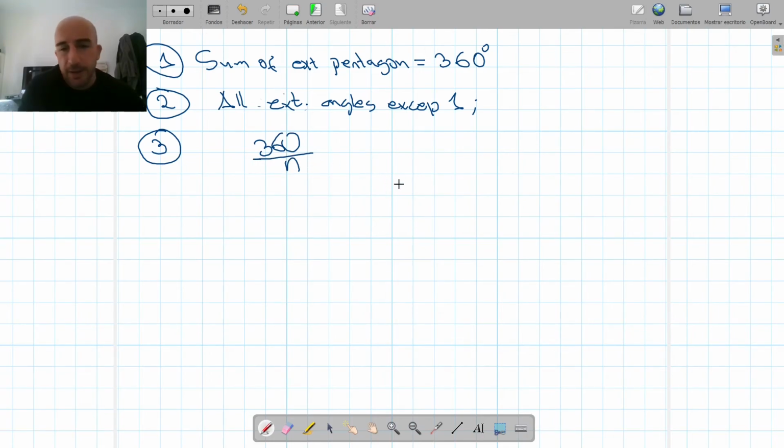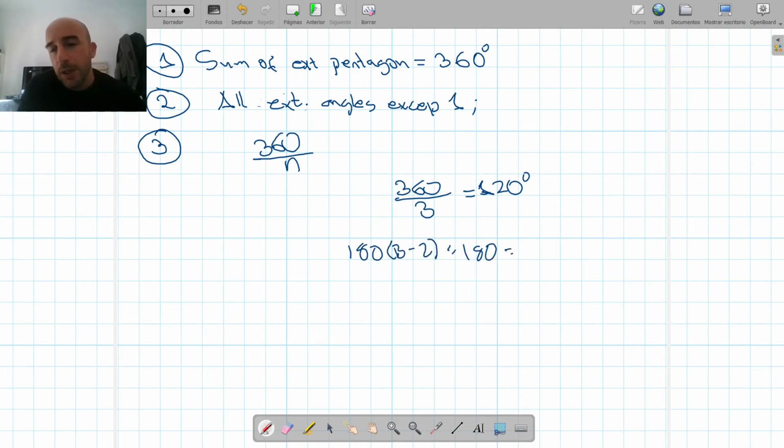For example, in a triangle, let's look at an easy calculation. Okay, so if they add up to 360 and we have three sides, then each exterior angle is 120 degrees. Let's remember that the sum of the interior angles would be 180 times 3 minus 2, which is 180.